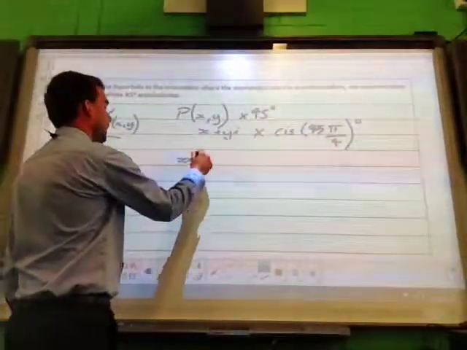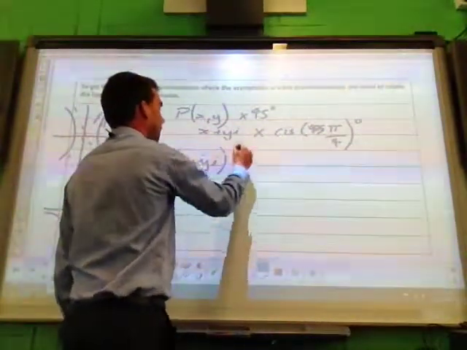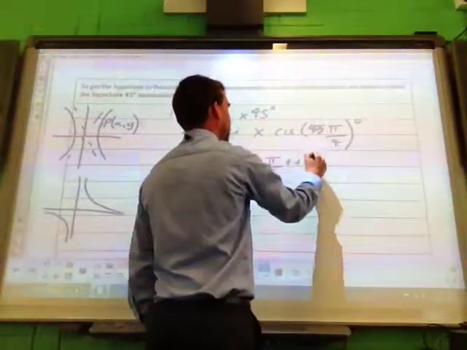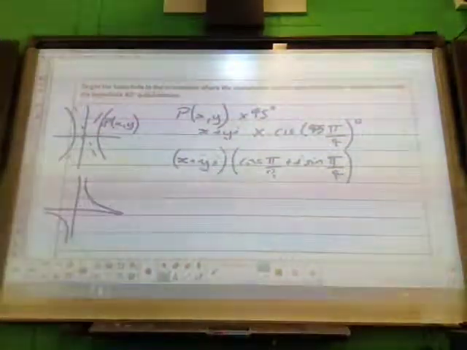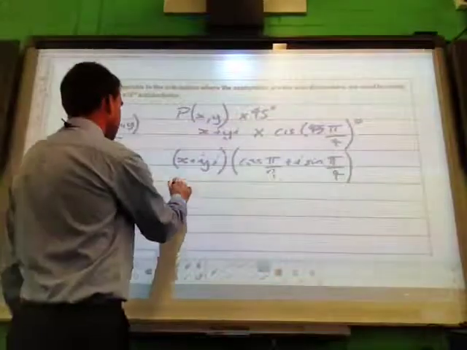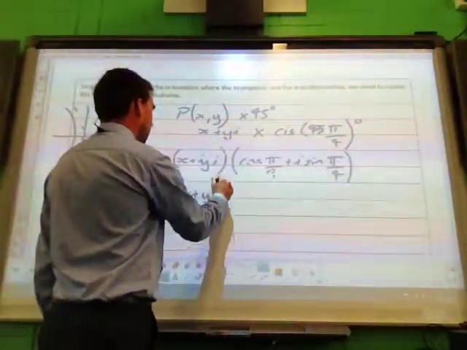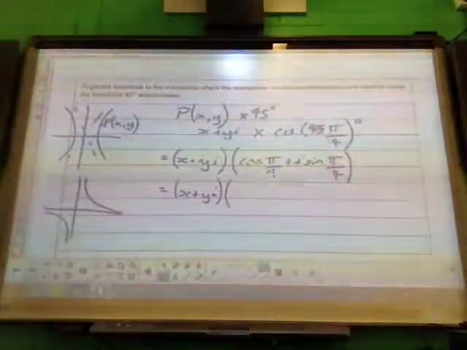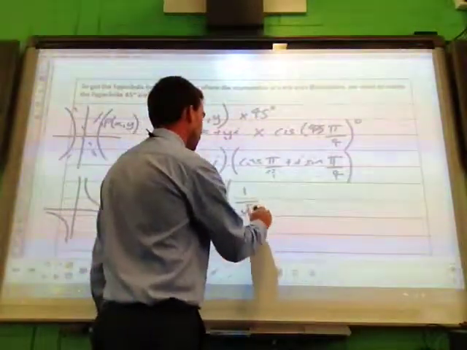So x plus yi multiplied by cos of pi on 4 plus i sine of pi on 4. Now, cos of pi on 4 is a basic angle: 1 over root 2.